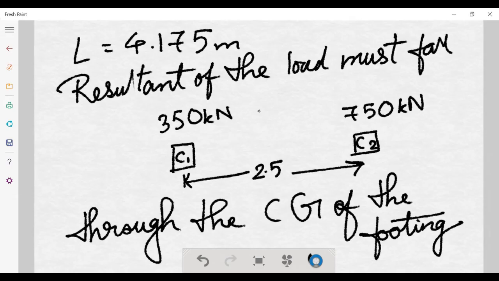So let us first find the location of the resultant relative to C1. Suppose I take it as X. It will be nearby 750 because 750 is the larger load.